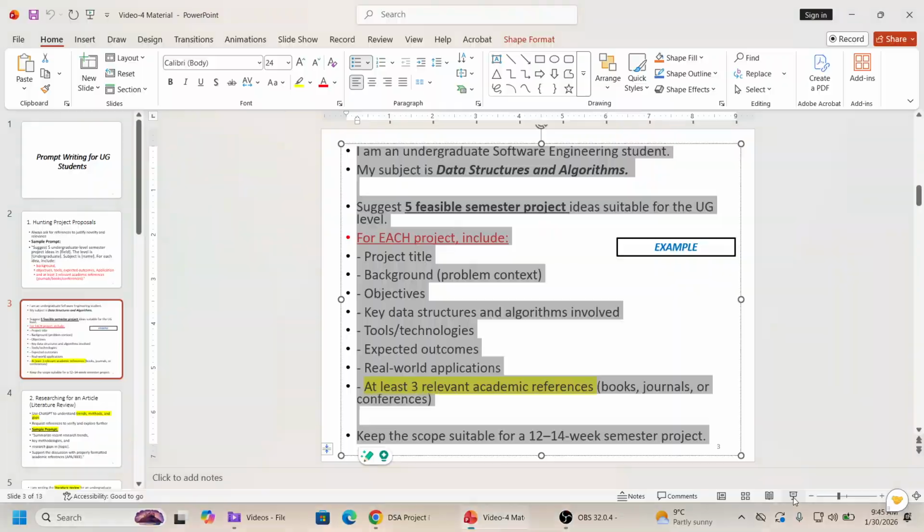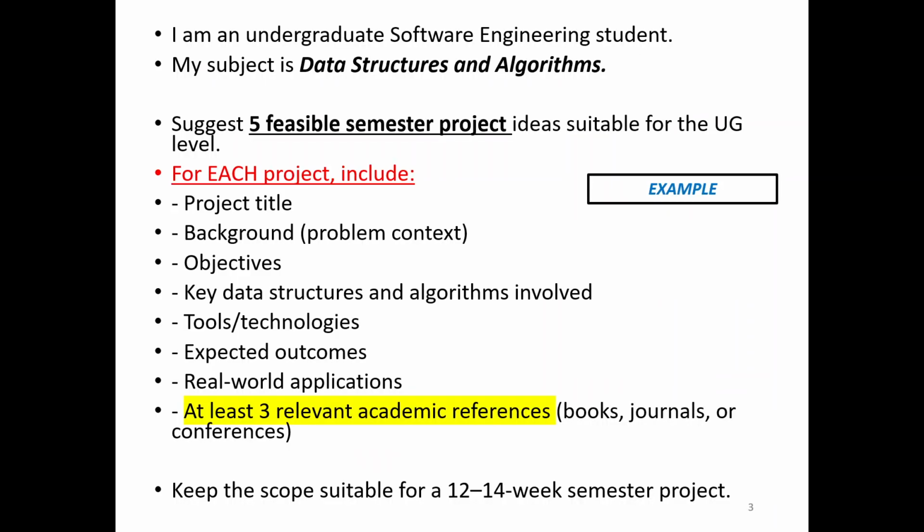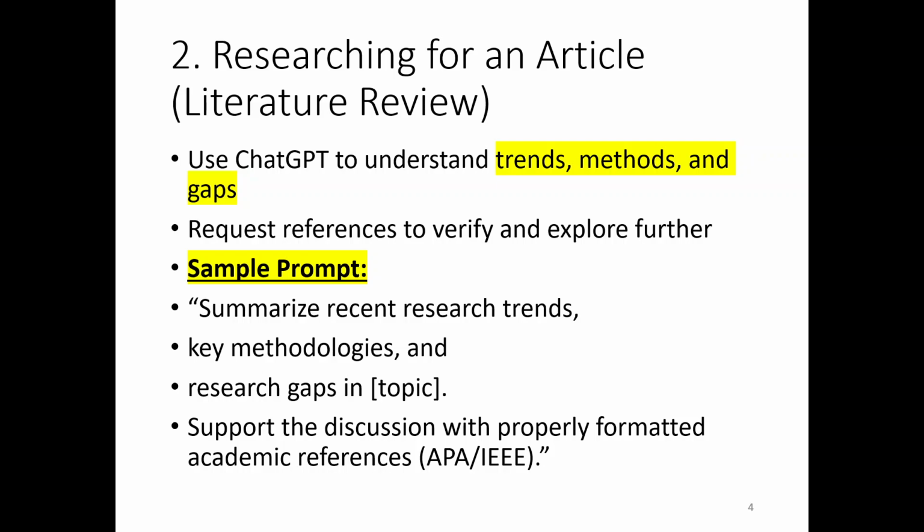So let's go to another prompt of a similar sort, and that is researching for an article literature review. Most of the time when you come up with an idea, your instructor asks you to come up with a literature review of that particular topic. So how do you search for a literature review of one of the topics that were given to you in the previous prompt? The prompt would be to summarize recent research trends, key methodologies, and then research gap.